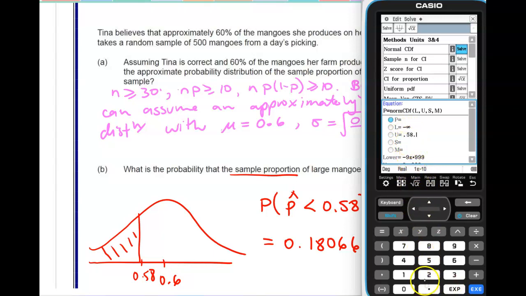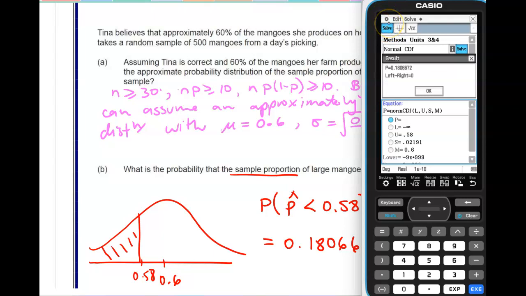Standard deviation is whatever that was, 0.02191, I think, and the mean is 0.6. And then we solve. So that's doing it as an E activity, but you can obviously do it in the inbuilt calculator routine as well.